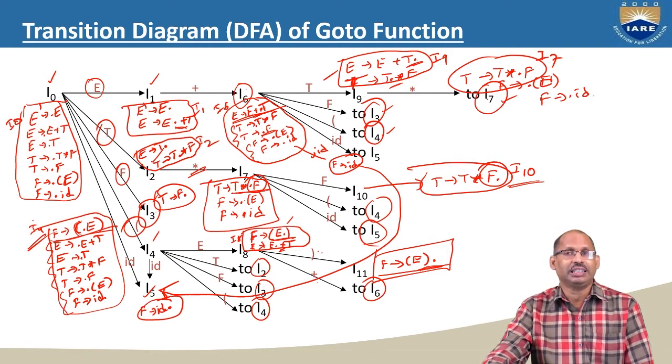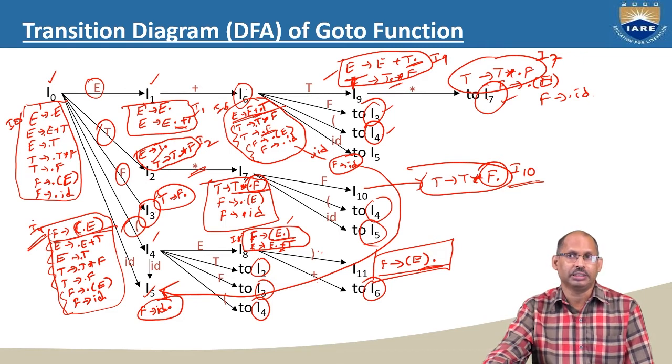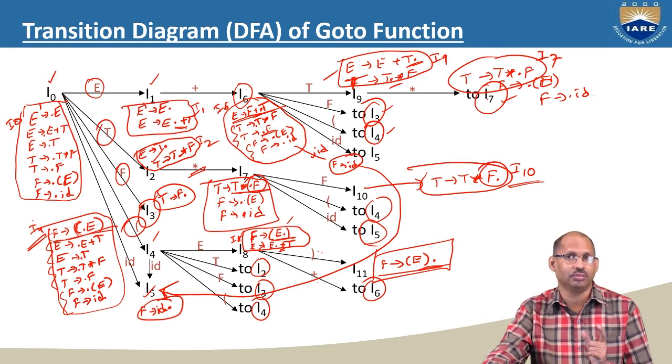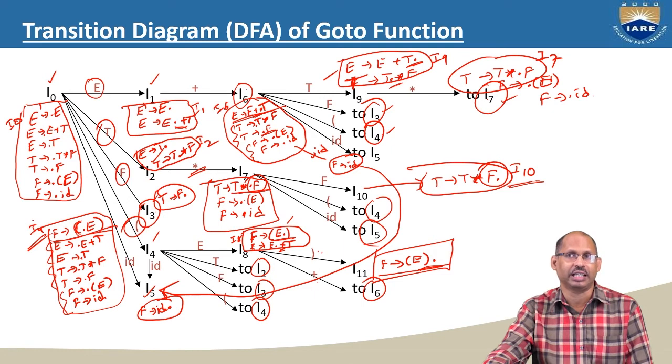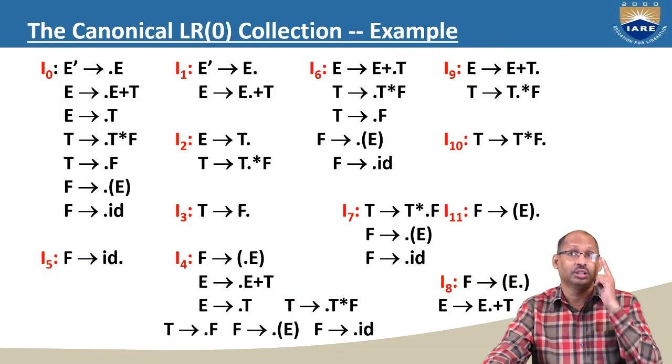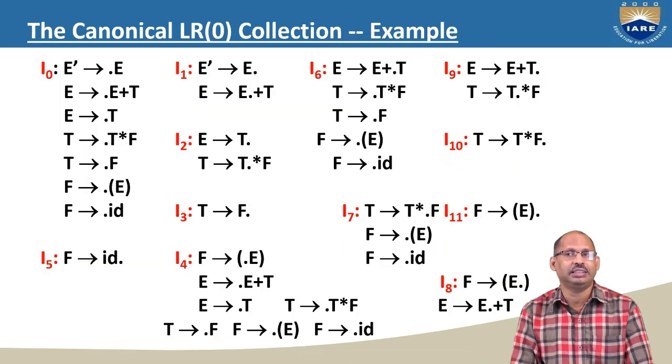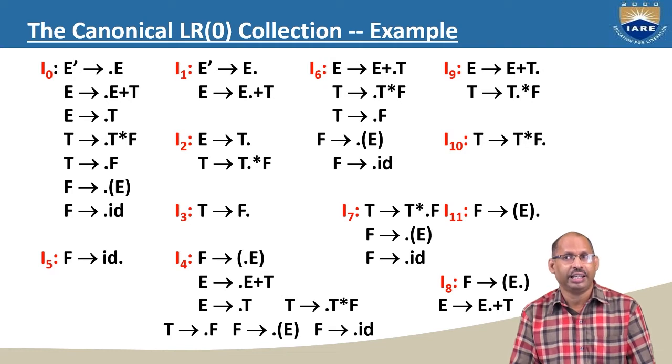To construct that, we need only the follow operations. We have first and follow; previously in top-down parsing we have seen first and follow. We just need follow operations here once again. Here all these sets we have written once again: I0, I1, I2, I3, I4, then I6, I9, then I11, I10, I8.